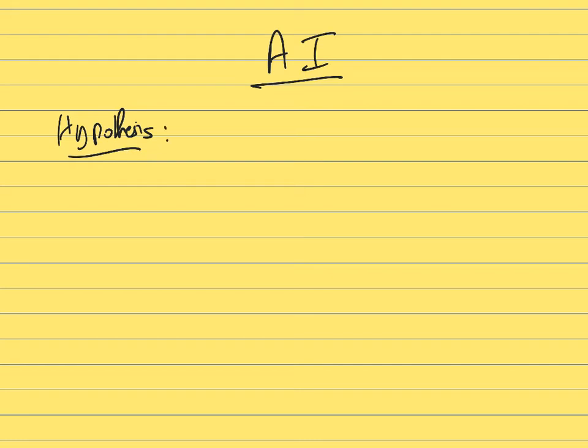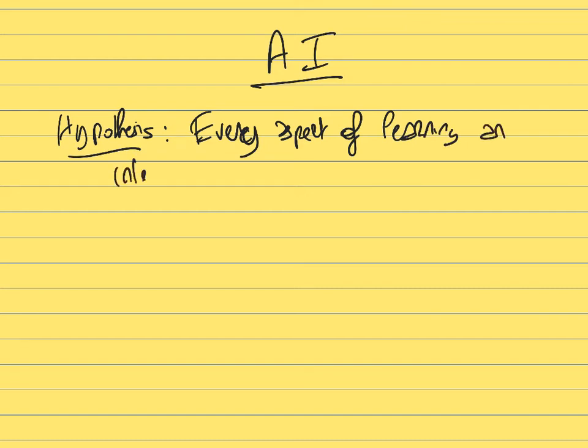So you can write this like this. You can say that the hypothesis behind artificial intelligence is that every aspect of learning an intellectual task, which again, we said the goal of AI is to learn how to solve intellectual tasks that would otherwise require a human to be solved.